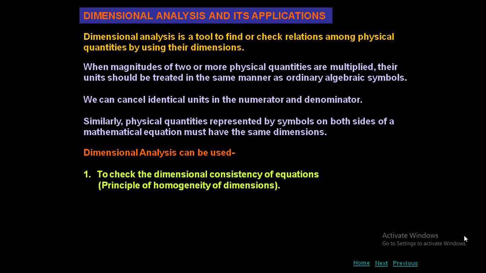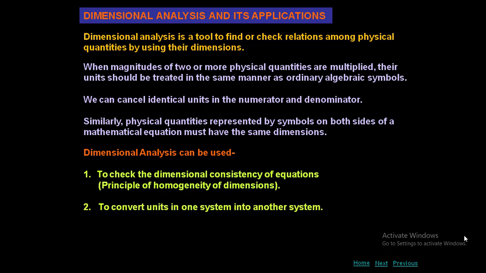On the left hand side as well as on the right hand side, they should have the same dimensions. Then only it is correct, otherwise it is not. Even if you consider v equal to u plus at, all the terms present on the left hand side and on the right hand side should have the same dimensions. This is called principle of homogeneity of dimensions.